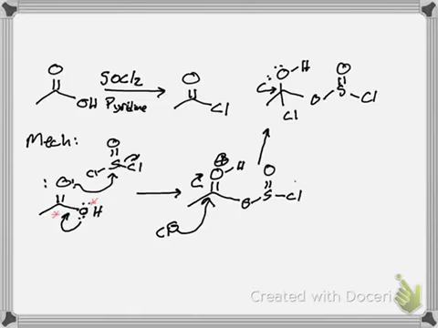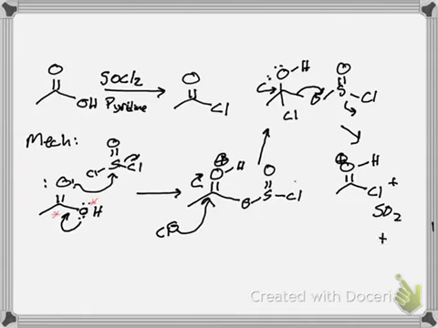Reform the oxygen-carbon pi bond, break off the oxygen-sulfur bond, and then kick off that last chloride. So what you make is this, plus SO2 plus Cl minus.